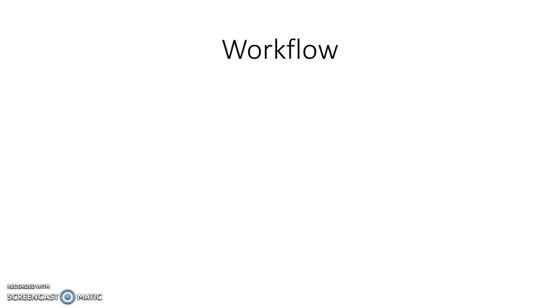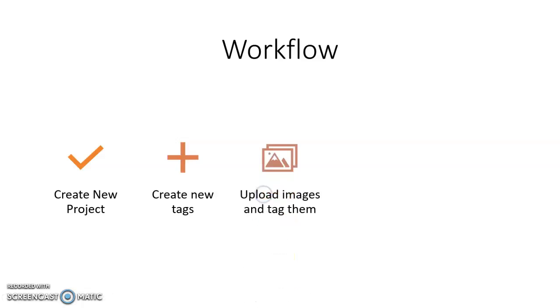Let's talk about the workflow of this assignment. Firstly, we have to create a new project by going on to Custom Vision AI. After creating the new project, our task is to create new tags. I would be explaining it in depth later. After that, we have to upload certain images and tag them.